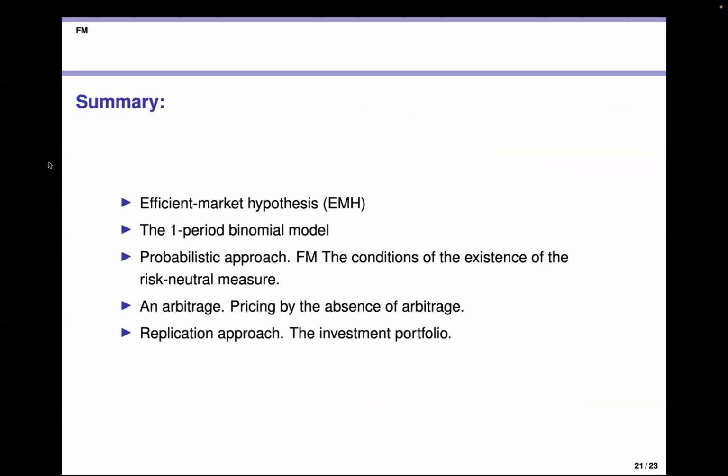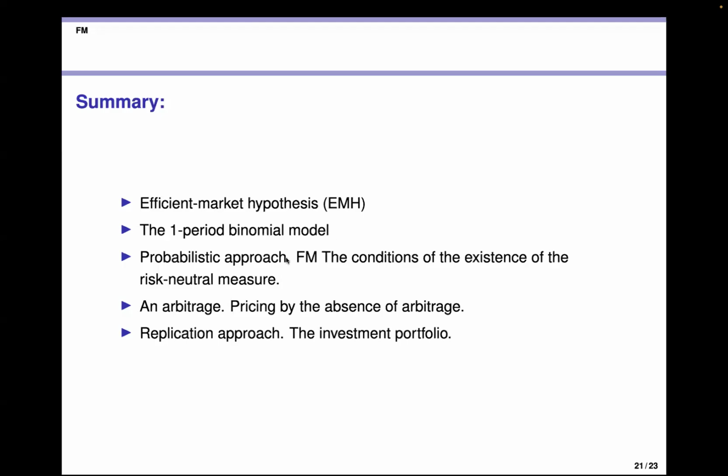Okay. Summary. We start with the idea to model the financial market. We assumed the financial market consists at least of three components: riskless asset, risky asset, and derivatives.